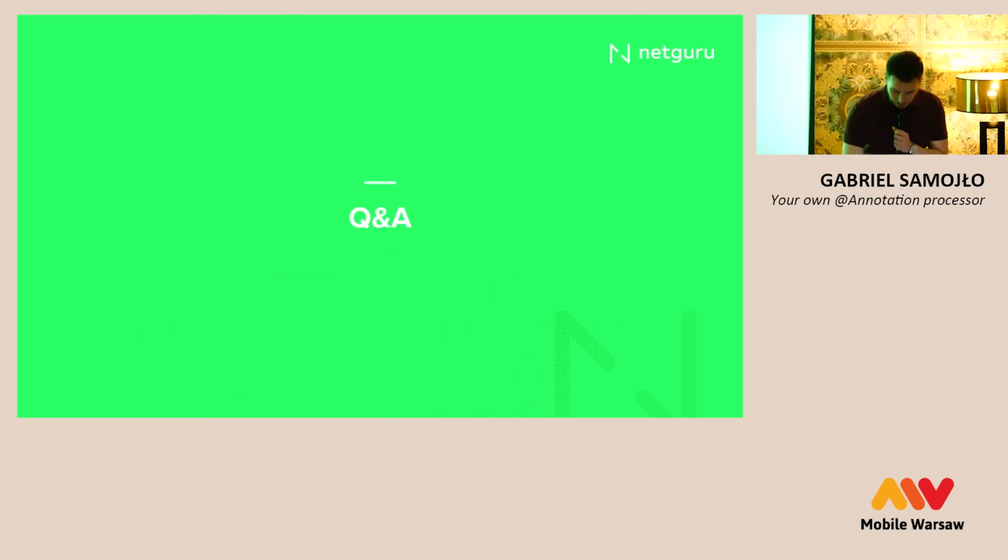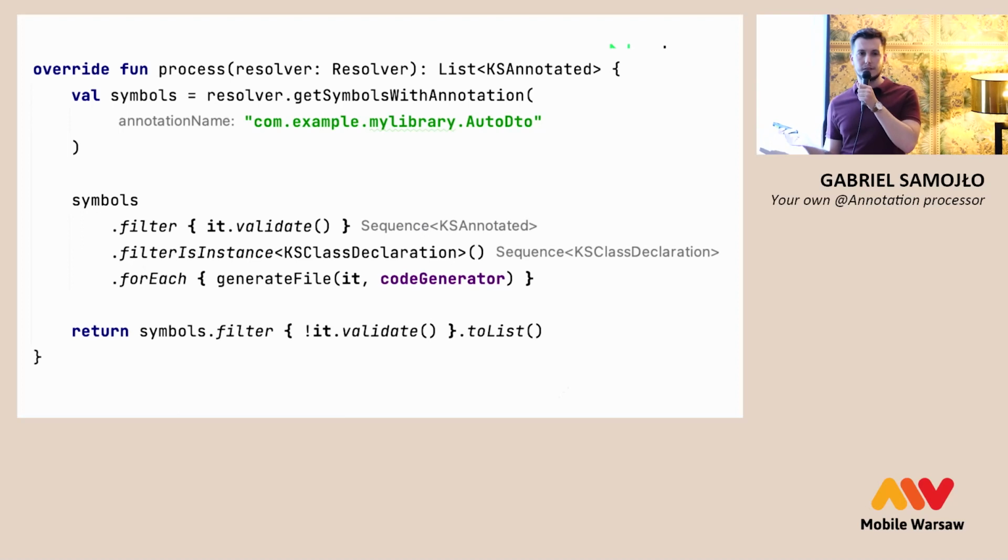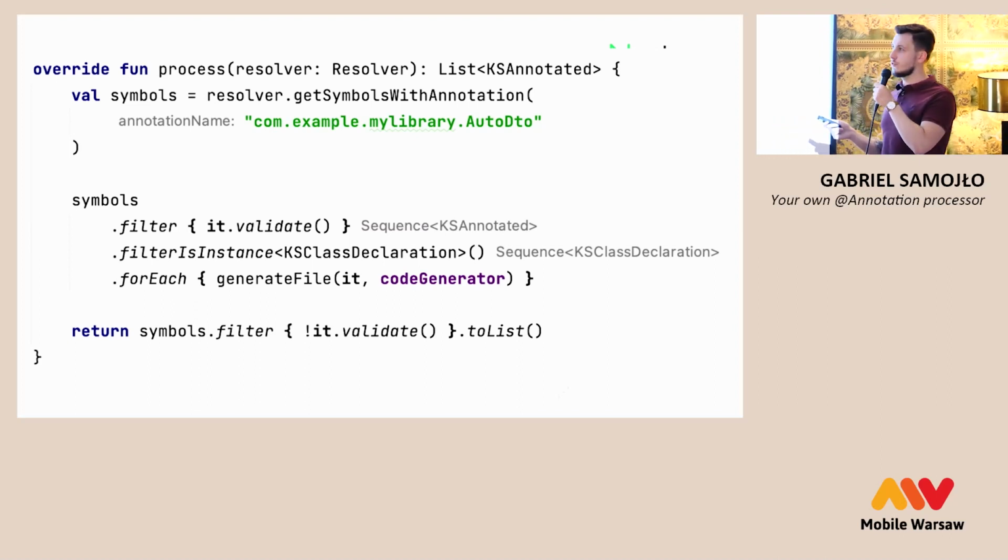That's a good question. If I understood your question correctly, you do not have access to the file itself or to the classes themselves. You have access to the classes that are currently in your code, but it won't allow you to go one by one, line by line in this code.